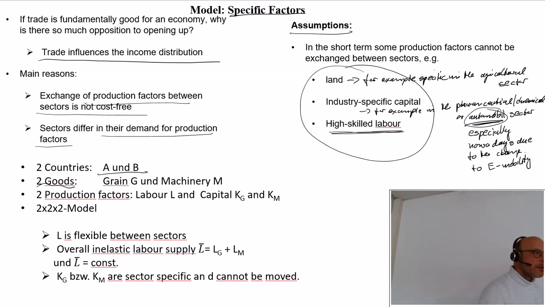Let's interpret this classically that we have an agricultural sector producing grain, and machinery, which we can interpret as an industry sector.